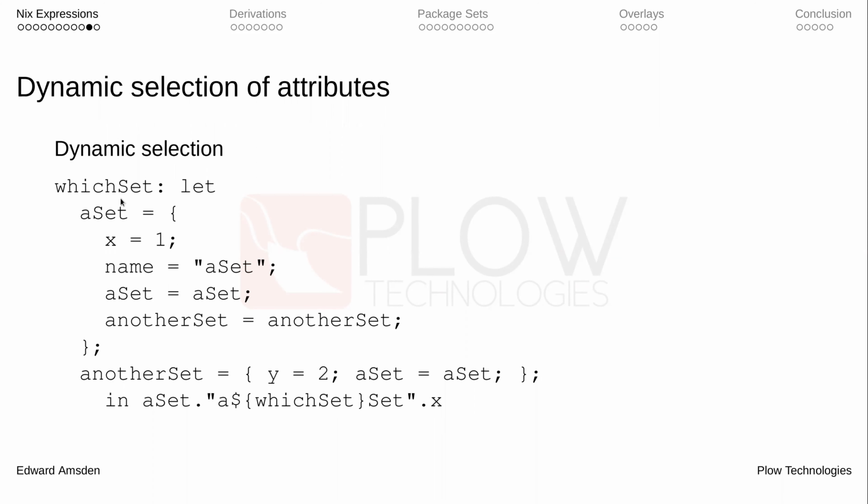So in this case, the two values that won't error that you could pass into which set are the empty string and another, just as a very contrived example. If you pass in the empty string, this would evaluate to a set dot x. And if you passed in another, then this would evaluate to a set dot another set dot x. So yes, there is dynamic selection from attribute sets.